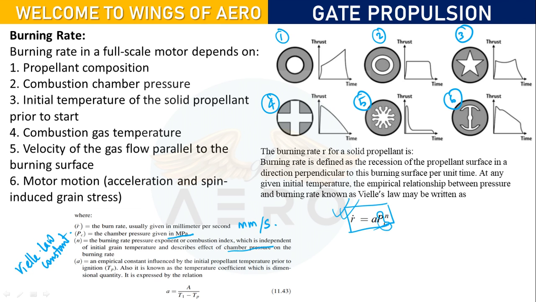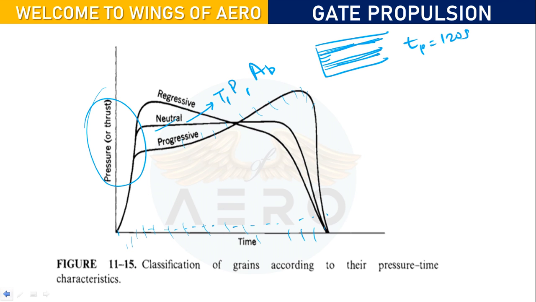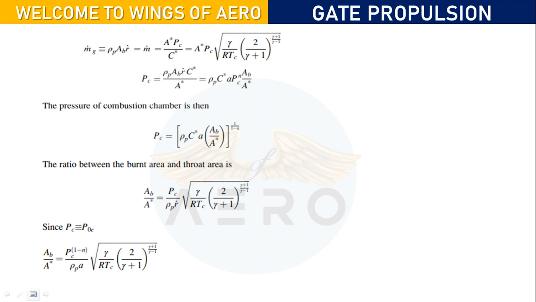Now we will solve one small problem based on solid motors. Before that, these are the formulas. Please note down this formula, it will be helpful for you to solve the problem. Have you noted the previous formula? Please note down the previous formula also.